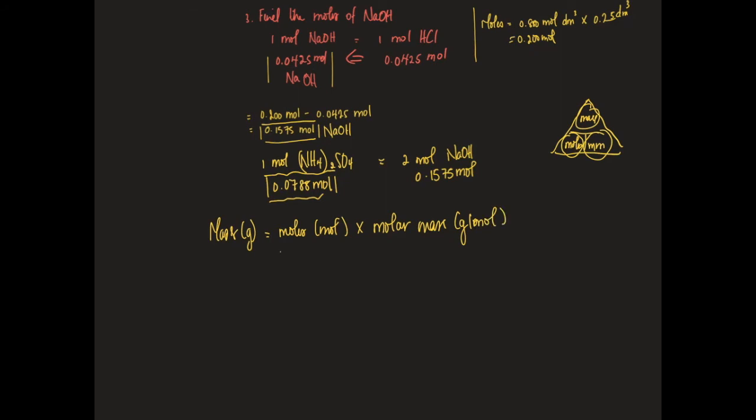We plug in the values, 0.0788, multiplied by the molar mass, which is 132 grams per mole. The mole unit is going to cancel out to leave you with grams, and you're going to be left with 10.4 grams of ammonium sulfate. So there is your answer.